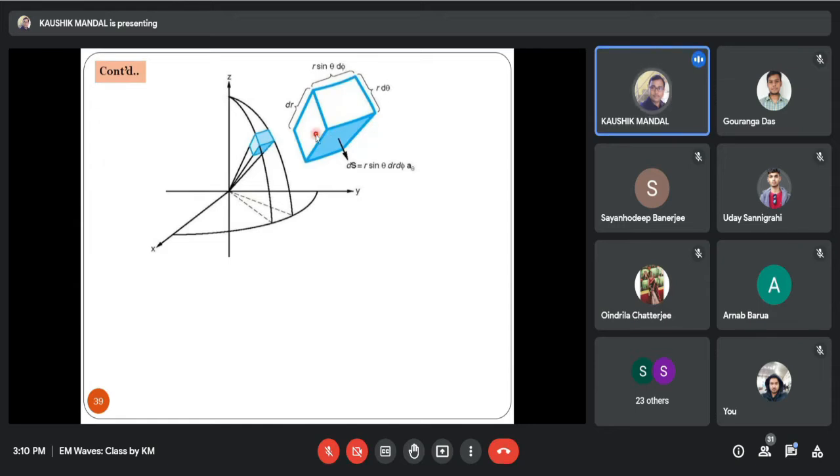Now if we consider this particular surface, the surface area will be r sin theta d phi into dr. So it becomes r sin theta dr d phi, and a theta is the corresponding unit vector. As we know, the unit vector is the normal to the corresponding surface. So this is the direction of the normal vector on this particular surface.